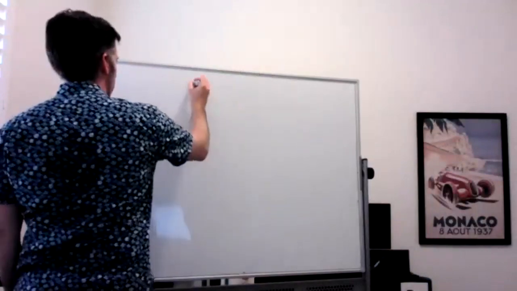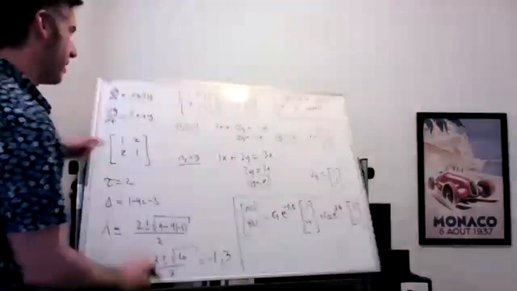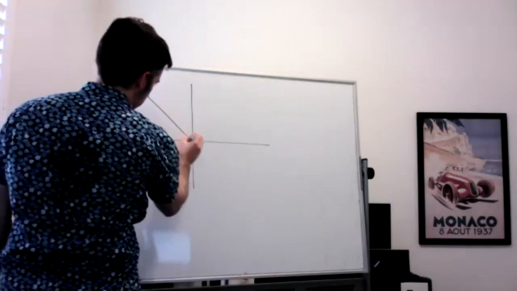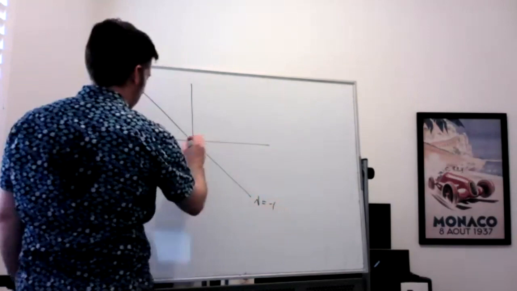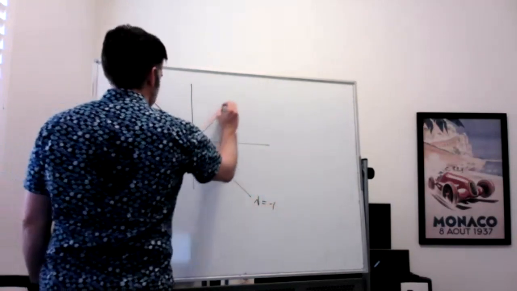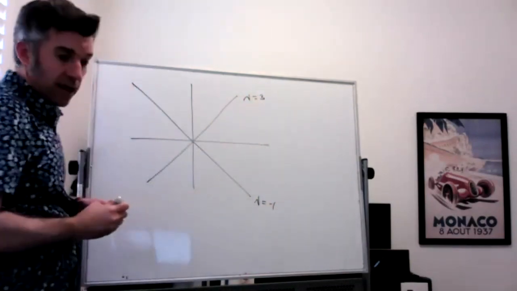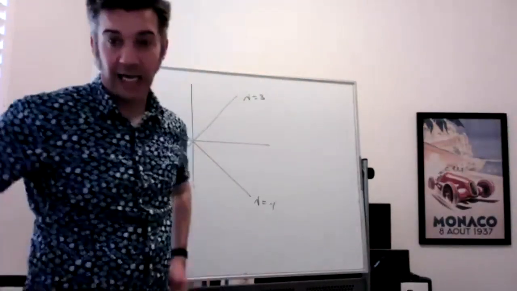The eigenlines are y equals -x for lambda equals -1, so here's the eigenline y equals -x for lambda equals -1, and y equals x for lambda equals 3.